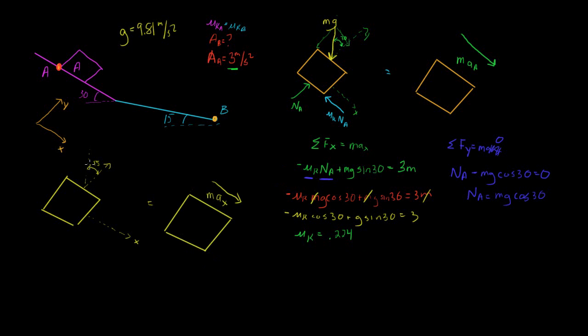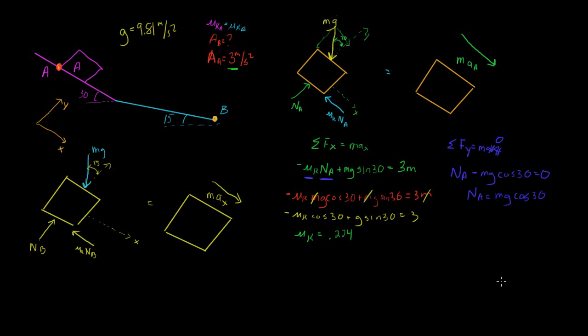And when we put our same forces in, we have a μ_k times N_A. Let's call this N_B. We have a normal force on B, and we have a weight, mass times gravity, that acts at 15 degrees.